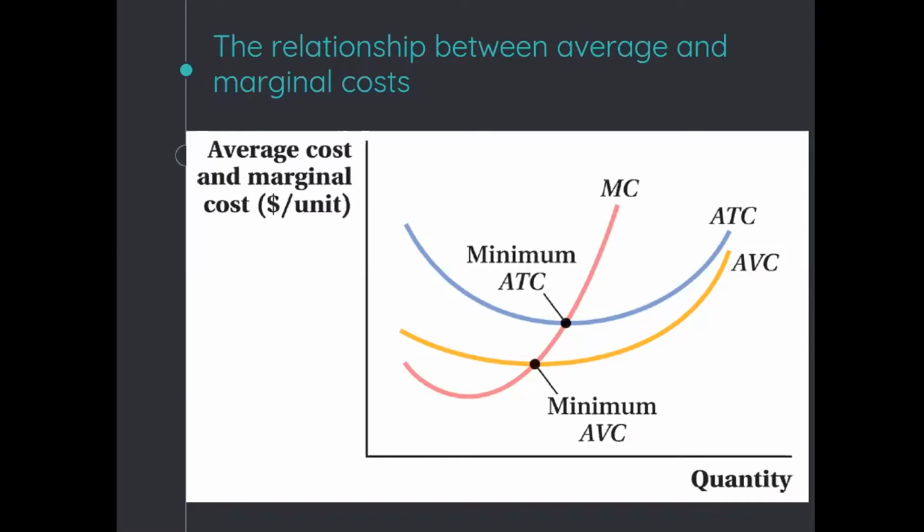That intersection is important to remember because it signals specific moments within the production of the firm that should be taken into account. It signals two things: the shutdown point and the break-even point.